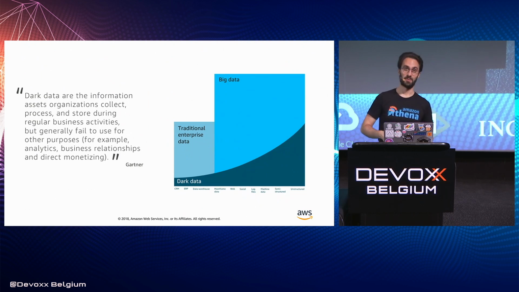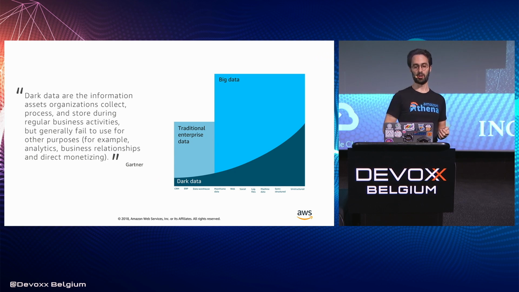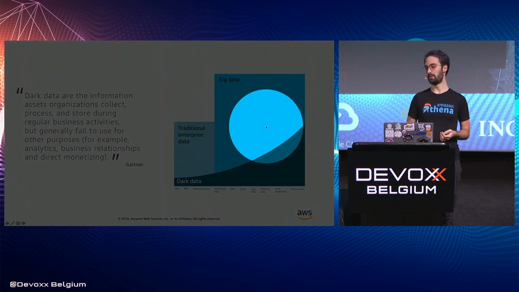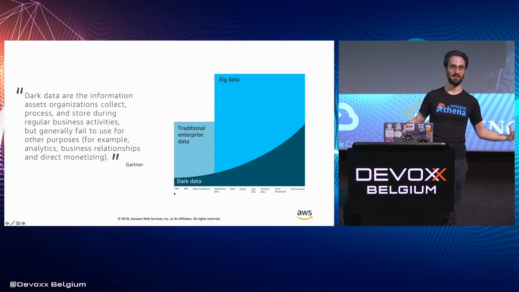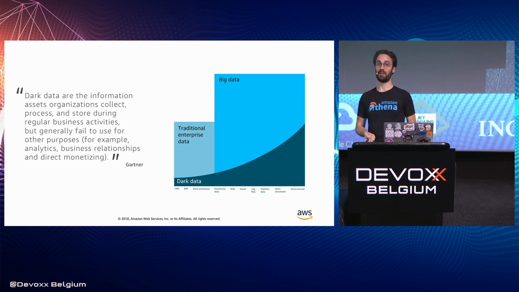There is another problem with all of this big data thing. It's that the more you go into the big data world, the amount of dark data, which is the amount of data that you have no idea what it is, goes up. Okay, almost exponentially. And you don't want that.